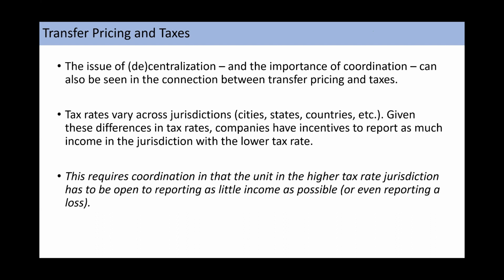So the issue of centralization or decentralization and the importance of coordination can also be seen in the connection between transfer pricing and taxes. As we all know, tax rates might be different across different cities, states, and countries.